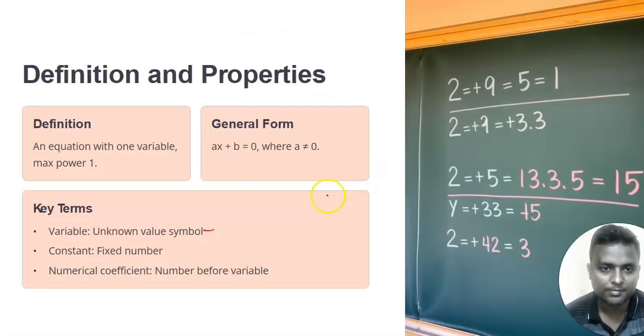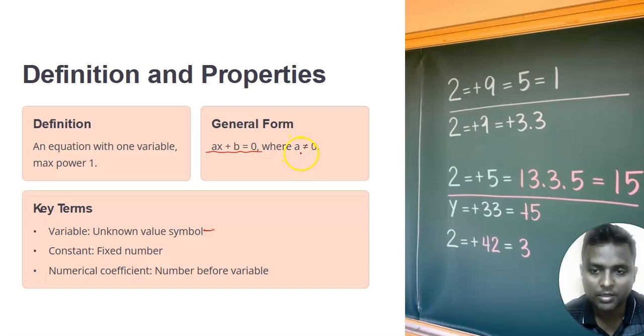Okay, let's discuss. We already said ax plus b is a general equation and b is a constant term. If there is the general equation ax plus b equal to 0, one more condition is that a is not equal to 0. If a is equal to 0, we cannot define it as a linear equation. So we take a not equal to 0, and the variable's power is compulsorily 1. Then we can easily define it as a linear equation.